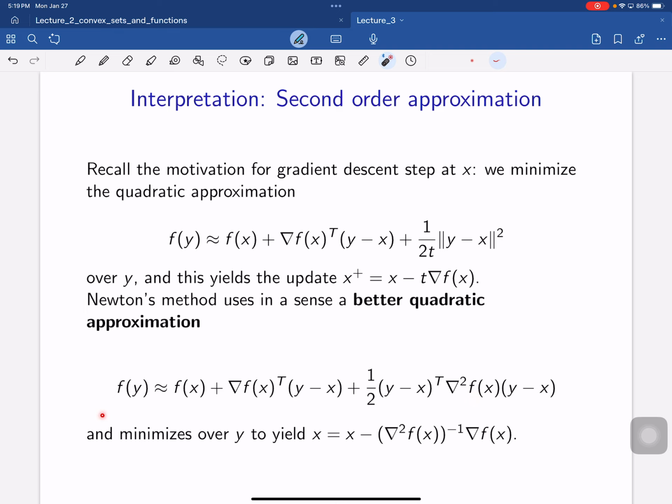This is nothing but a second order Taylor series expansion at the particular point. So what if you want to find the minimum of this second order approximation? Since you know that for a convex function the Hessian is positive semi-definite, this approximation gives you a convex quadratic function.